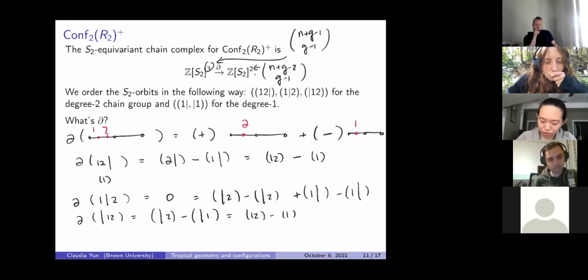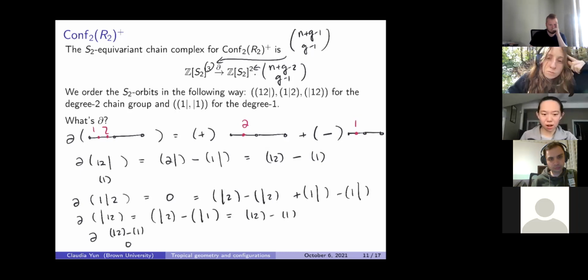And so as a matrix, this matrix is going to be 1, 2 minus 1, 0. So this is the first column, 0, 0, and 0, 1, 2 minus 1.